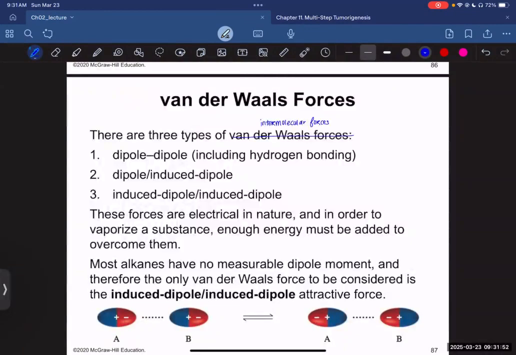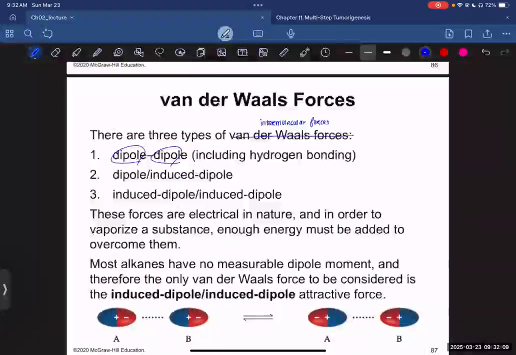There are three major types. The first one is the dipole-dipole interaction. In this case, we have one molecule that is polar and another molecule that is also polar, and that's why they have dipole moments.